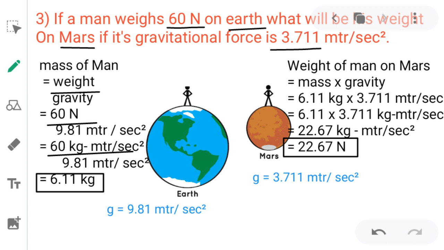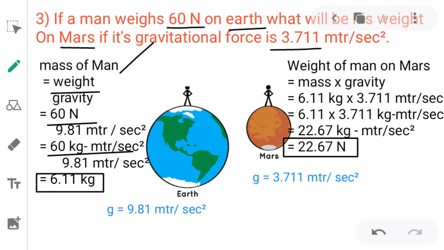Acceleration due to gravity of Mars is given as 3.711 meter per second square. To find this, we need the mass of the man. The weight given is 60 Newton. It may change from Earth to Mars, but the mass of the man will remain constant on any planet.